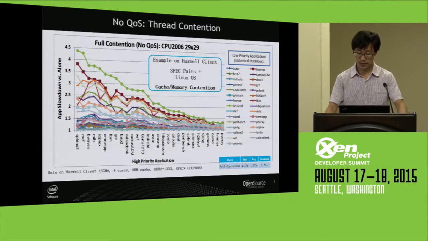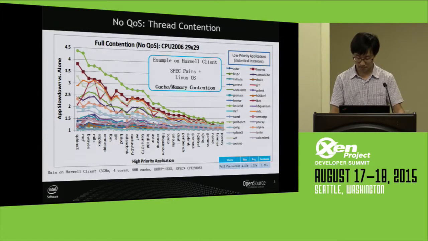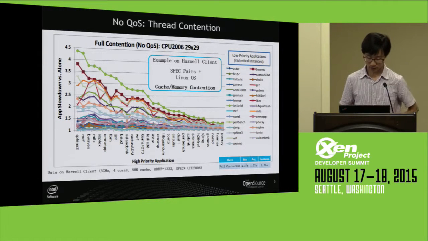The slowdown is computed by dividing the second time by the base time. The data is indicated in the y-axis here. We also arranged the high priority benchmarks, with the ones more sensitive to resource contention on the left and the next ones on the right. So finally, we have this chart.